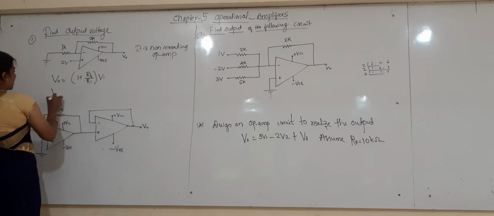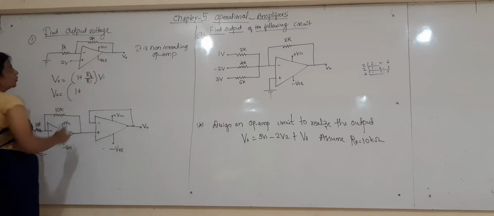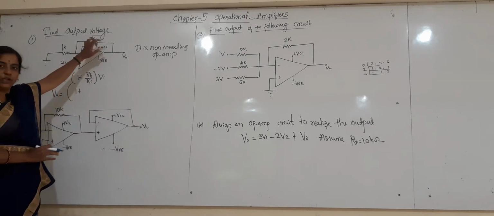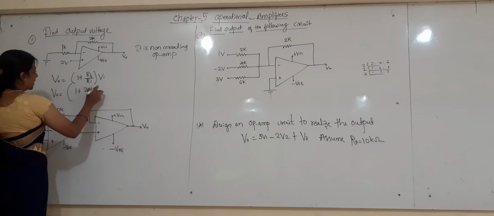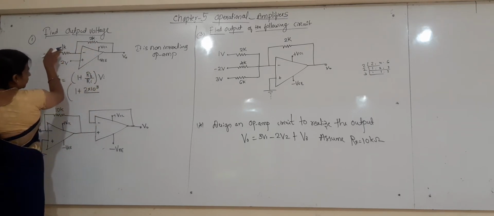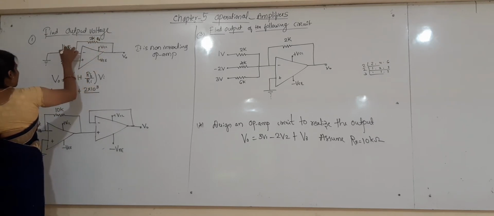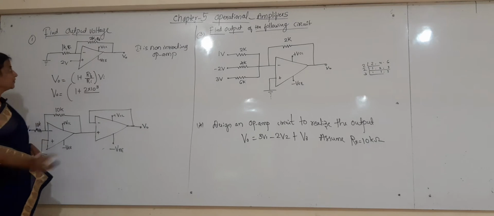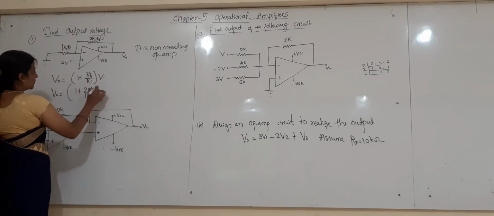Here Rf is 2 kilo ohm, which is 2 into 10 raised to 3, and Ri is 1 kilo ohm, and Vi is 2 volt.